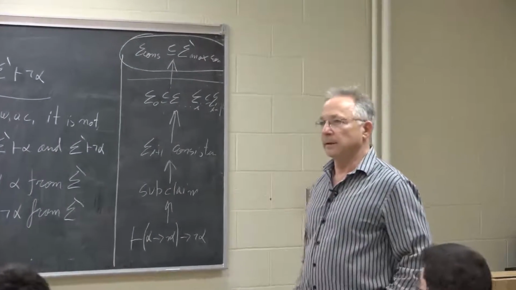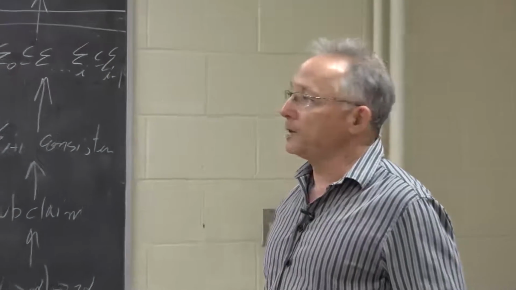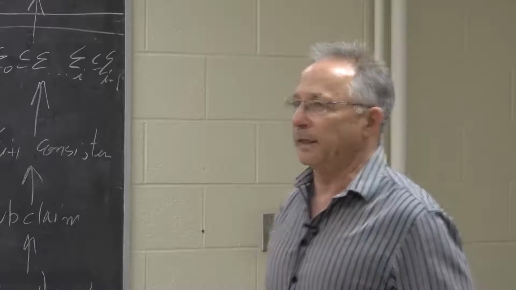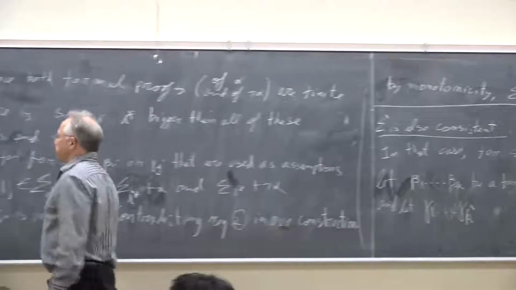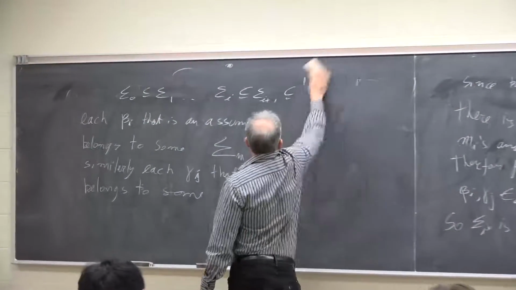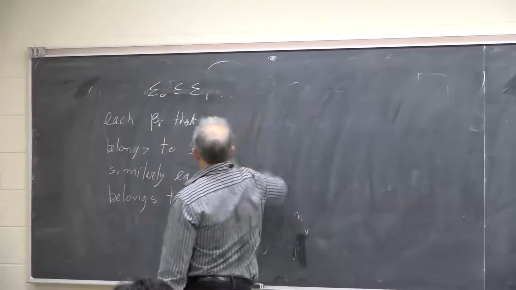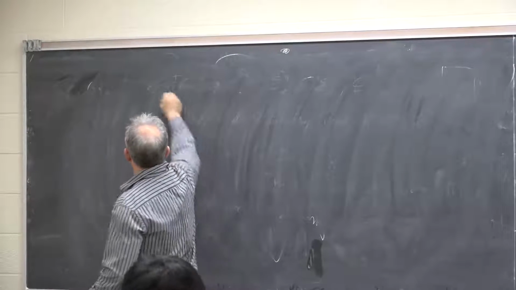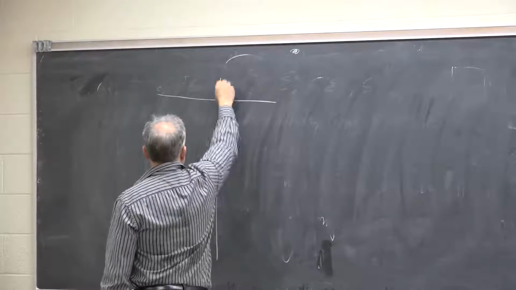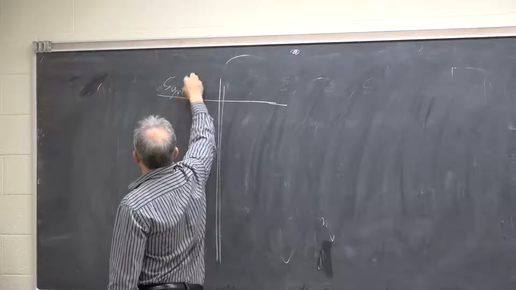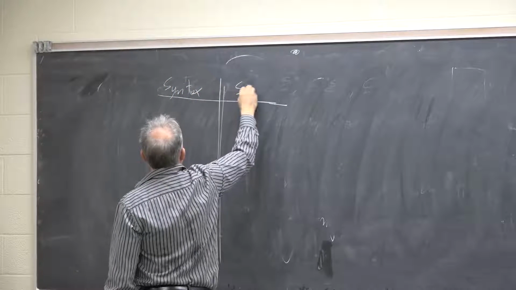Now, I want to use it to get one more link in our table. We had this table of syntax and semantics. You remember we had this table that will go with us throughout the course, of syntax versus semantics.